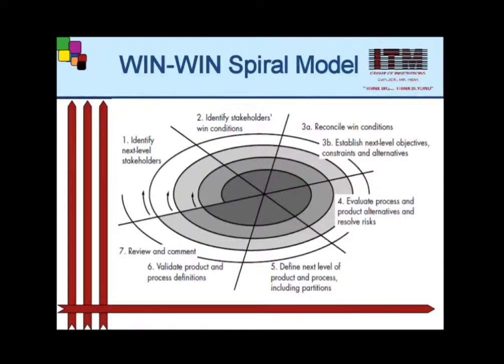The first point shows the life cycle objectives that define a set of objectives for each major software engineering activity. The second anchor point shows the life cycle architecture, which establishes objectives that must be met as system and software architecture is defined.